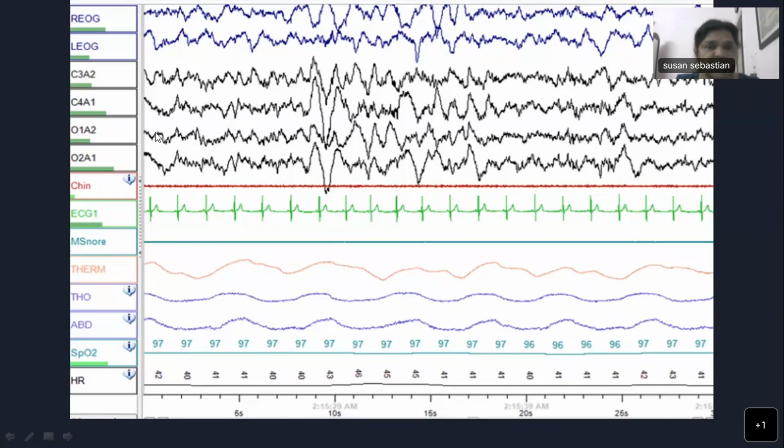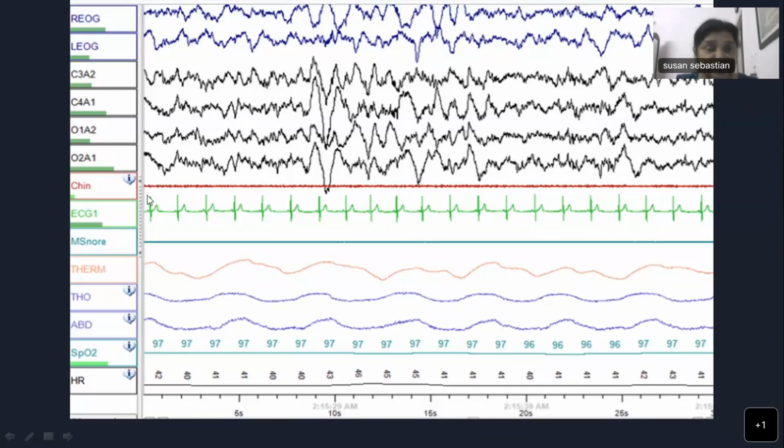So the upper ones decide the sleep stage. This is the electrooculogram, the right electrooculogram, the left electrooculogram, and these are all EEG recordings. Looking at the pattern of the waves, the slow or the fast ones, we can decide which stage of sleep you are in. In the early stages, it is the theta and the delta, but as the sleep deepens, you go to alpha and beta.